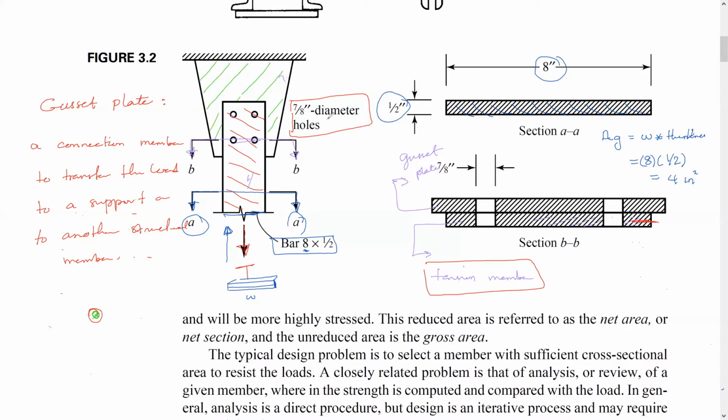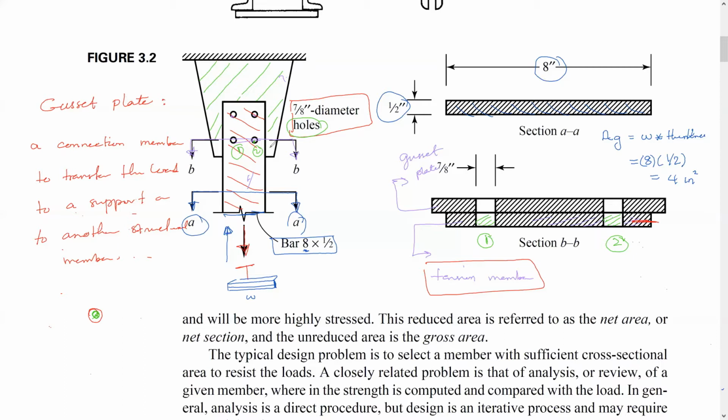So this is 7/8 diameter holes. خليك منتبه إنهم holes. So here are the holes, which is this one and this one. Exactly, this is the first one here. This is the second. So this is the first. This is the second. And the holes go through both tension member والgusset plate يعني تعدى من two members. Okay, so this is the gusset plate.